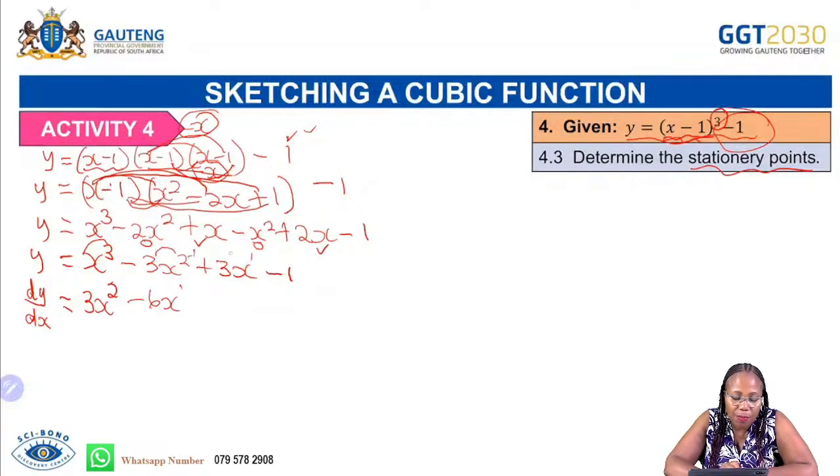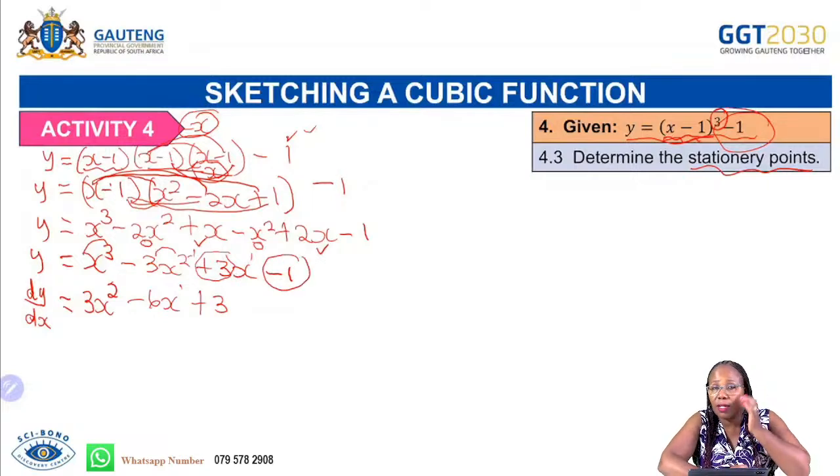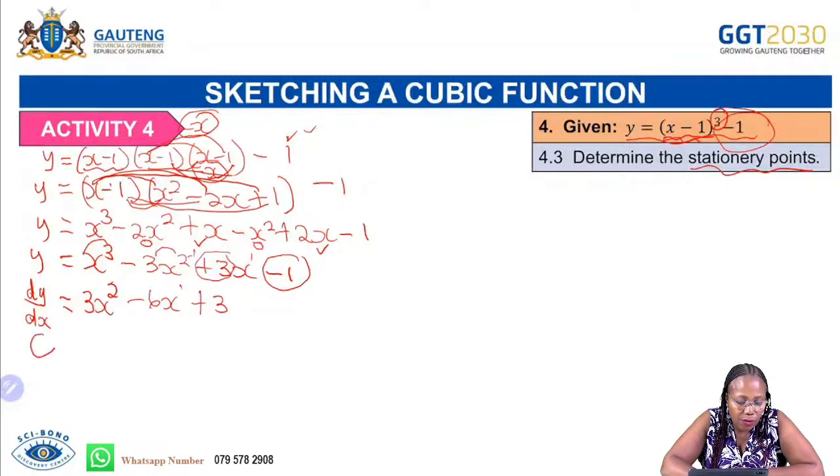If x is to the power 1, we take the coefficient, plus 3. And if this is a constant, the derivative is 0. Okay, and then we let the derivative equal to 0. And now you solve for x.